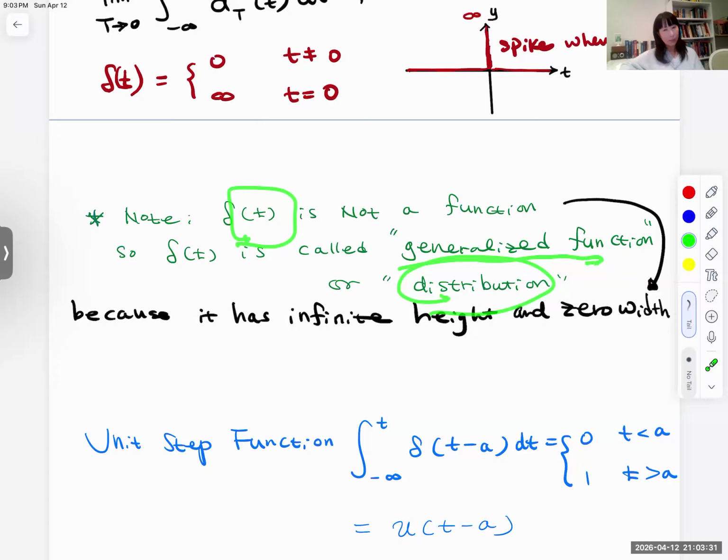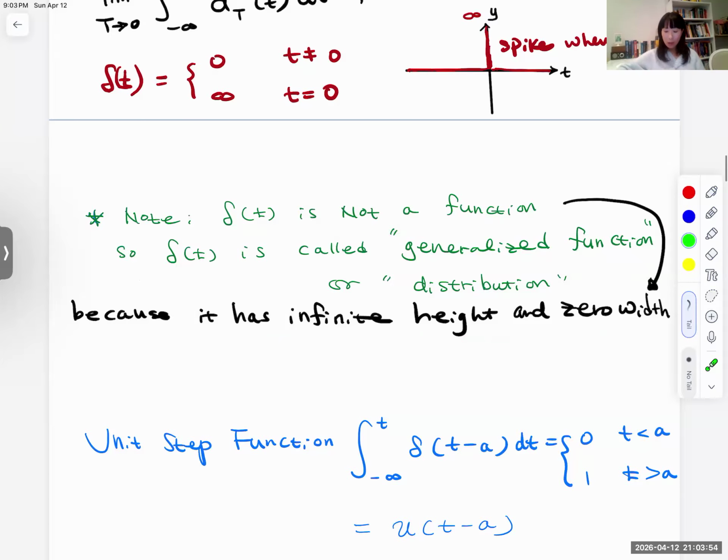It's not just a regular function. Why is it not a function? Because normally a function has a height, like a graph height, but this has infinite height and zero width. That's why it's not a function.